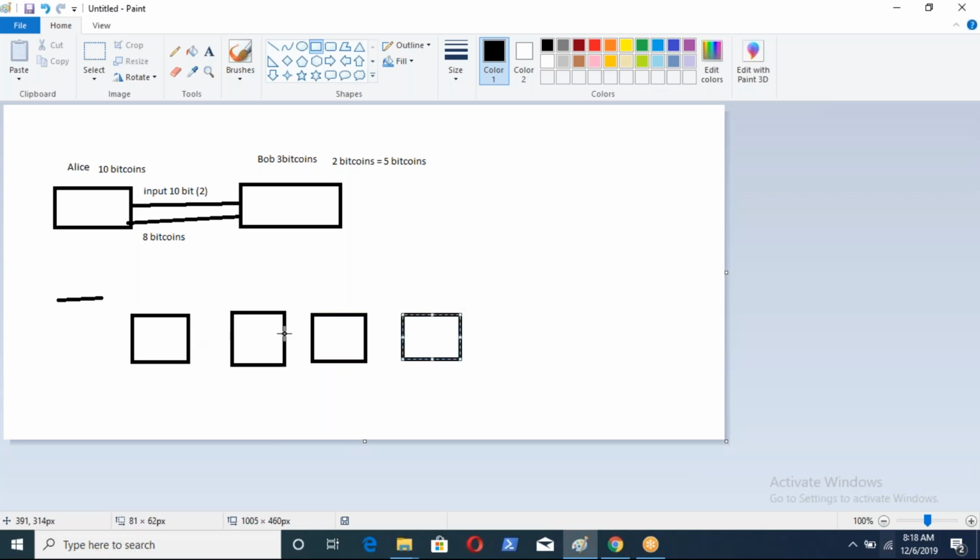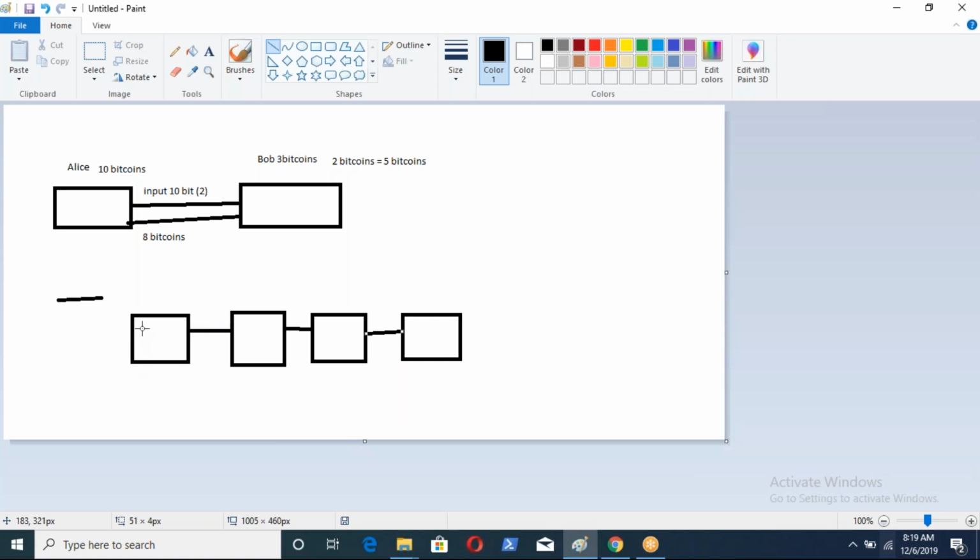Like this, the blocks are formed. In that case, how they are linked is the main thing. The linking will happen through the hash, once it is finalized.